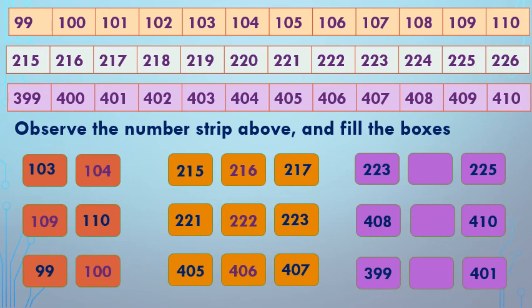Good. Now in the last one, the before number and the after number are given. We have to write the middle one. 223, 224, then 225. 408, 409, 410, 399, then 400 and 401.